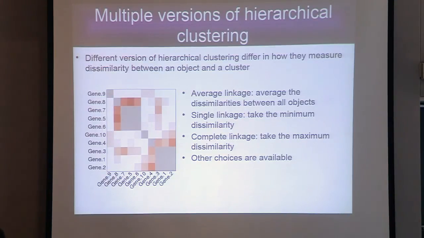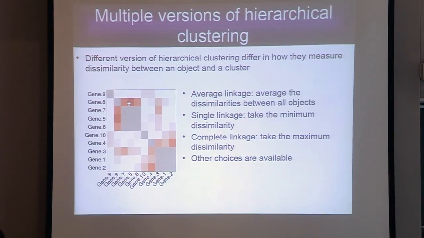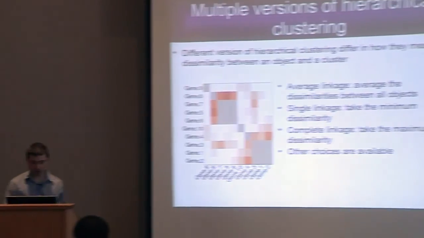We in our work like to use average linkage, which means that the dissimilarity between two objects, for example, this one and this composite object, is simply the average of all the dissimilarities between the individual single objects, or singletons, that make up the composite objects.